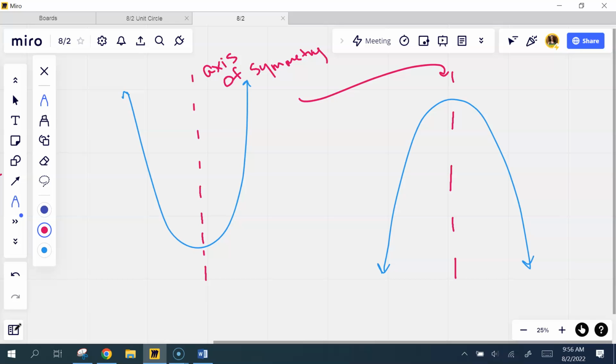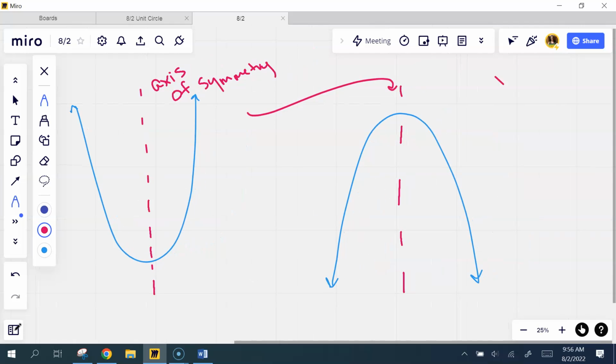What else? What else do you know about a quadratic? About a parabola, rather? It could have more than one x-intercept. You're exactly right. That's a great point. We call those x-intercepts, by the way, when we're talking in terms of a parabola, we will often call them roots or zeros.